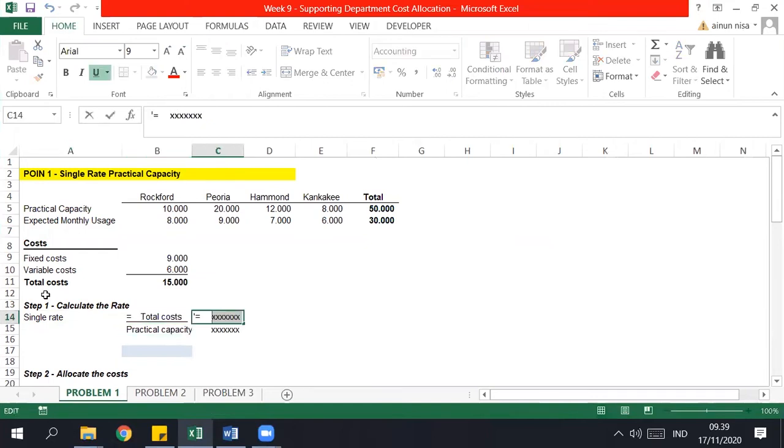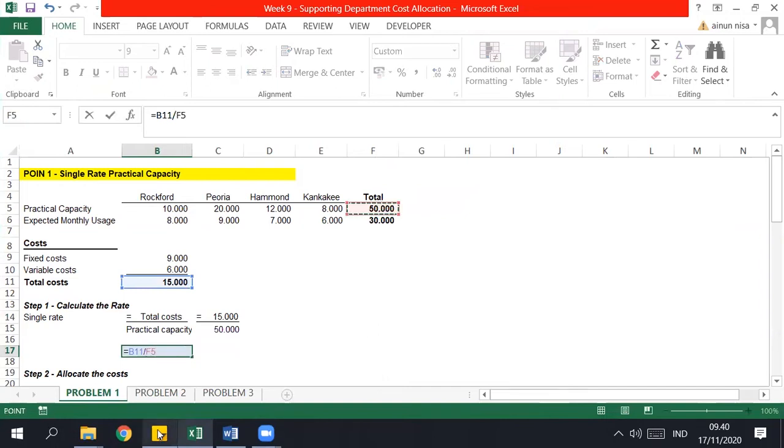So it is 15,000 divided by the total practical capacity, which is 50,000. And don't forget, this number is actually stated in the problem. So the single rate is 15,000 divided by 50,000, so it is 0.3.